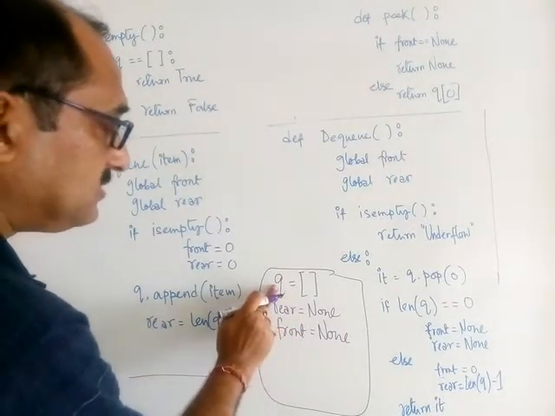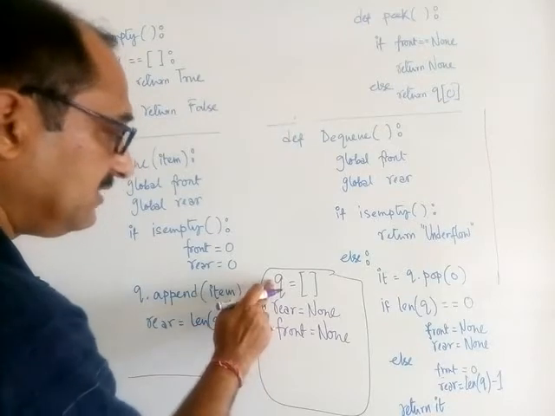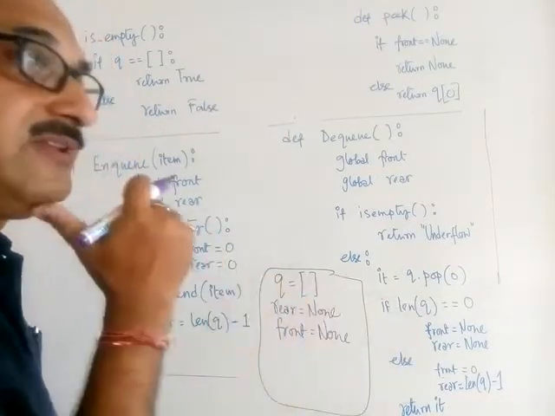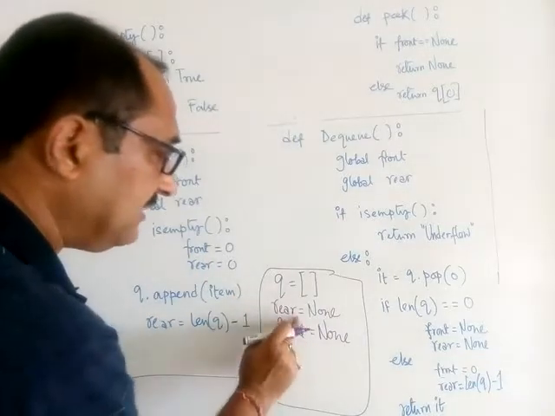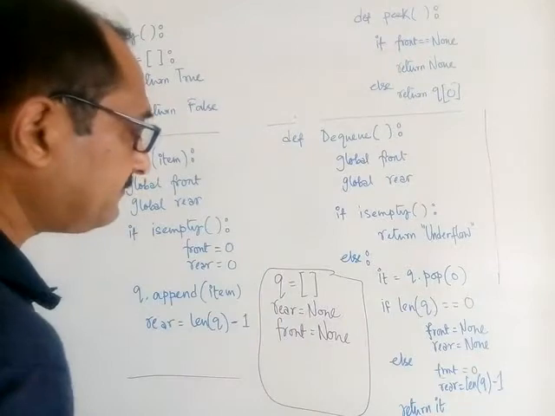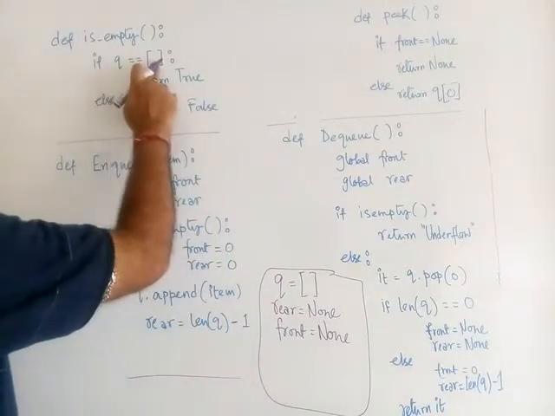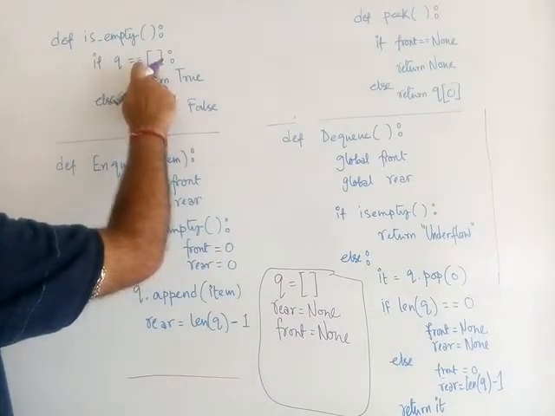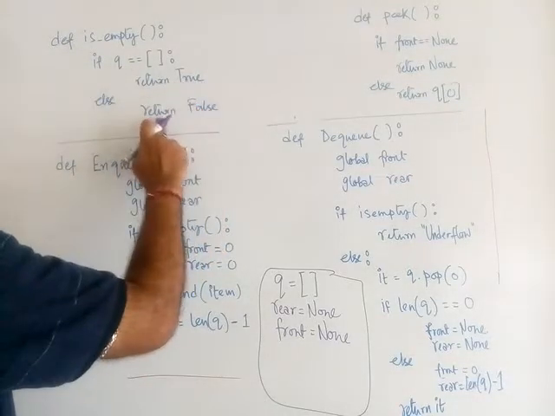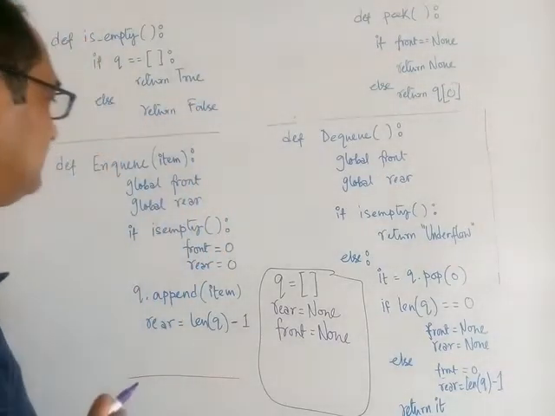Globally, this list was taken in the main body. Obviously it will be a global one, and front and rear also will be 2 global variables because they are taken in the main part of the program. So look at this, if Q equal to blank, that means Q is an empty list. In that case it returns true, otherwise it returns false.